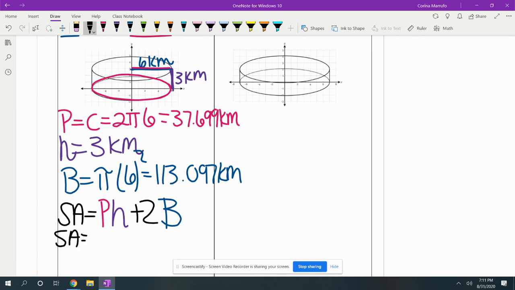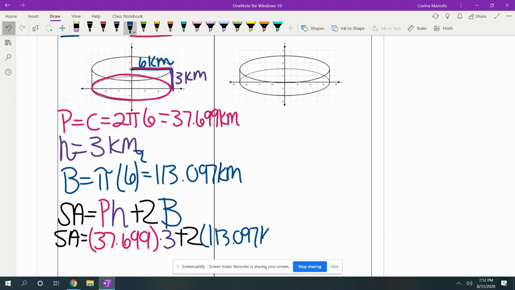So we found that our perimeter, or our circumference, is 37.699. The height they told us was 3, plus both of our bases, and our bases are equal to 113.097 kilometers. Oh, we'll add the units at the end.